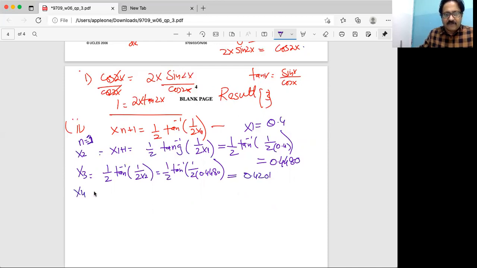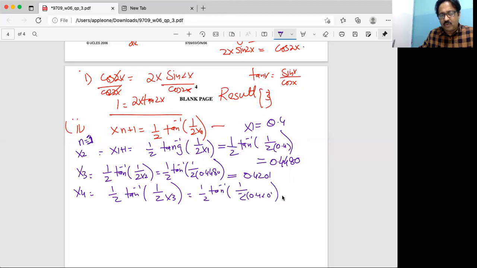Now I will need x4: 1 over 2 tan inverse of 1 over 2 x3. Fine. So here x3 is 0.4201, and I will replace it by 0.4201.